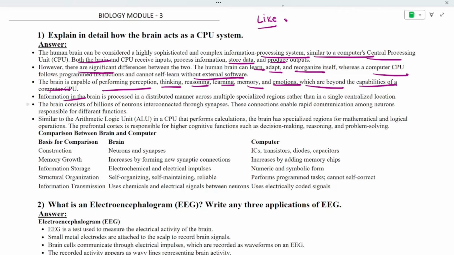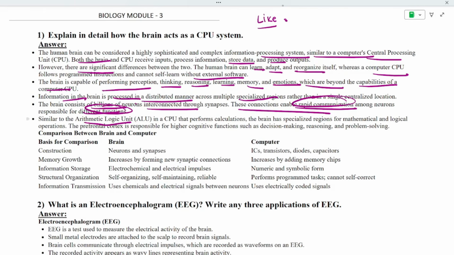Information in the brain is processed in a distributed manner across multiple specialized regions rather than in a single centralized location. The brain also consists of billions of neurons interconnected through synapses. These connections enable communication among the neurons for different locations and functions.